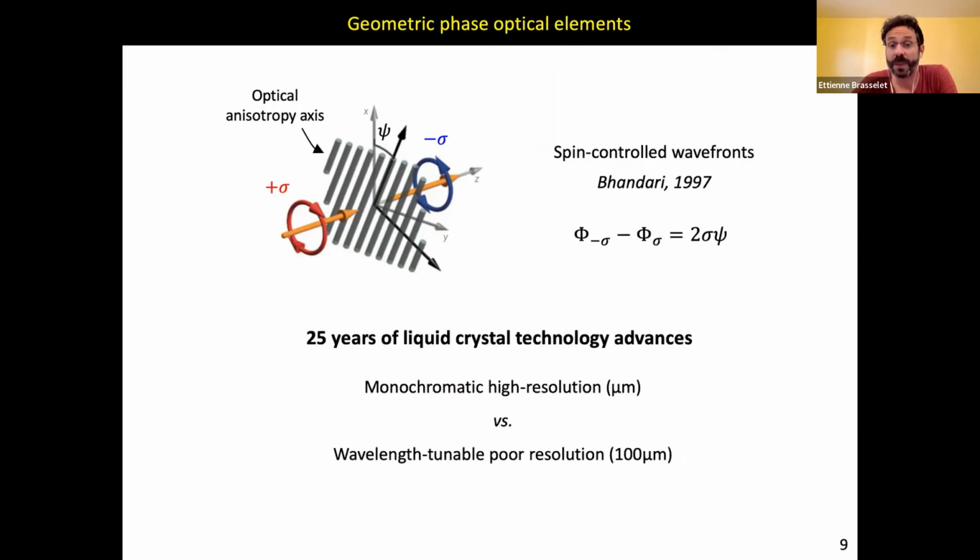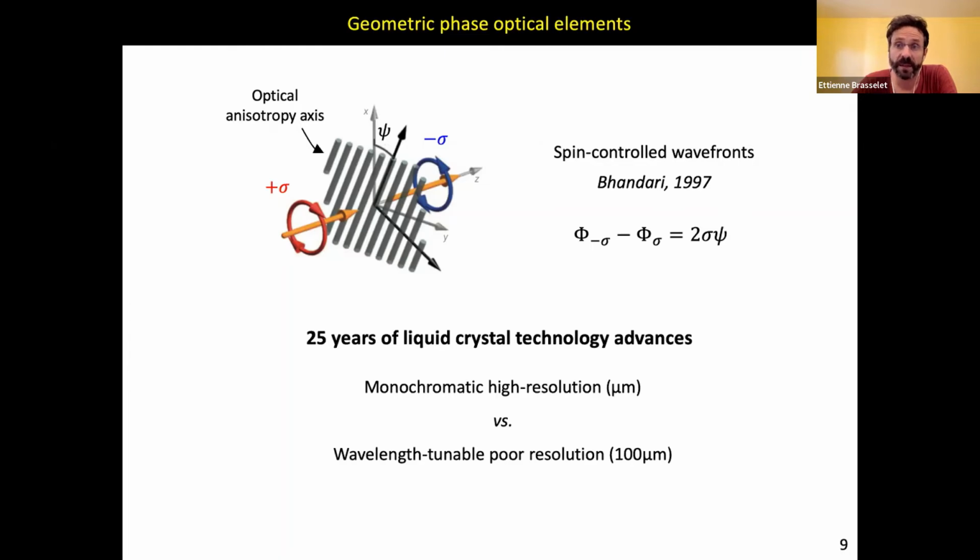After 25 years of developments, the liquid crystal and optical communities developed many interesting tools that can manage higher spatial resolution with monochromatic light, or lower resolution in a wavelength-tunable manner. And these devices are commercially available as well.